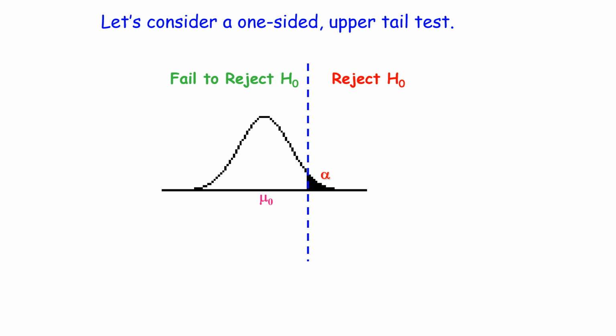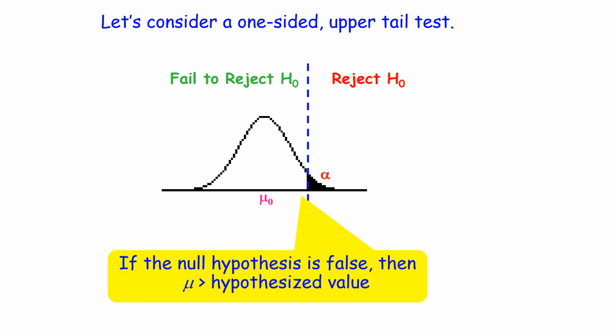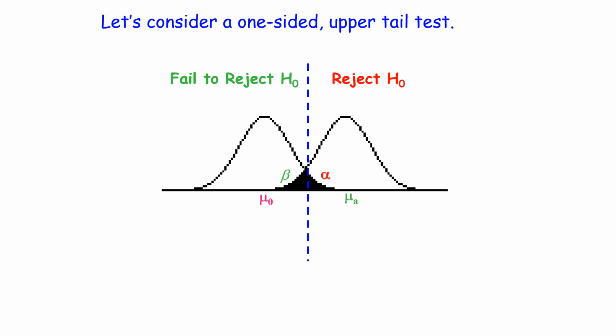On the left side, we're failing to reject our null hypothesis, and on the right-hand side, we're rejecting our null hypothesis. If the null hypothesis is false, then mu is greater than the hypothesized value, giving us a power of 1 minus beta.